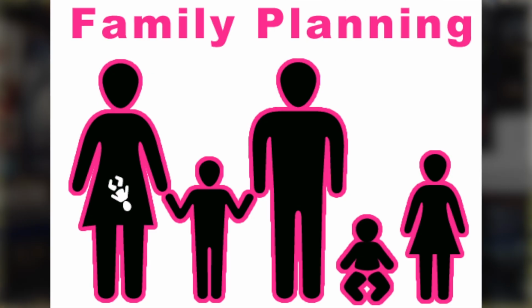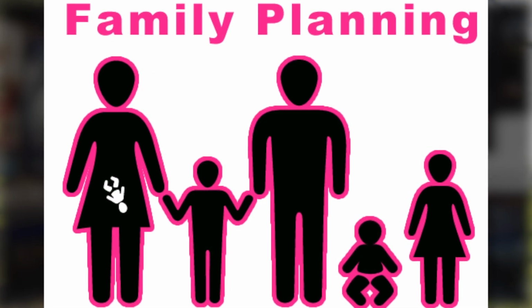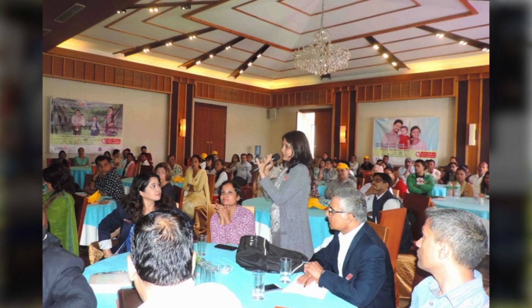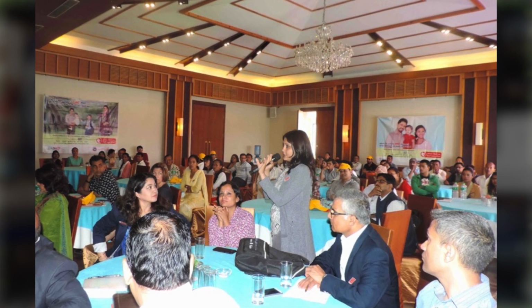Coming to the population policy of India, the idea of development of a national population policy dates back to the months before the attainment of independence, in 1946, when the Bhore Committee submitted its report. This was followed by the launch of the family planning program in 1952, which coincided with the launch of the nationwide community development program.